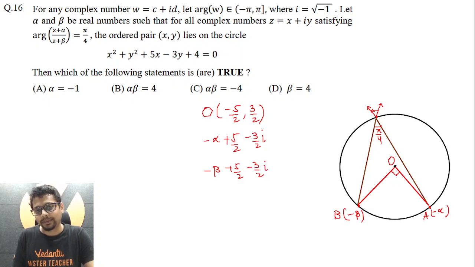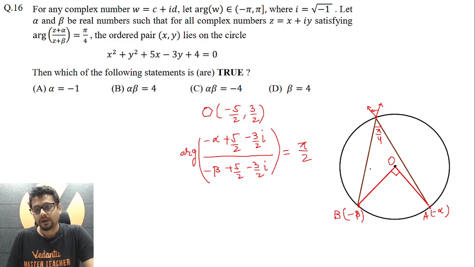Now the angle between them being 90 degrees means the argument of this ratio is pi by 2. Mind it, OA and OB are equal in length because they are radii of this circle. So this ratio is iota and not some non-unity multiple of iota.